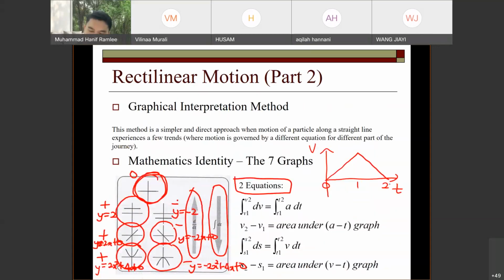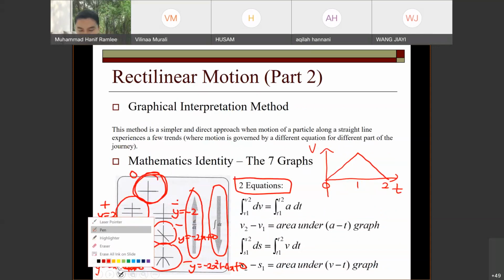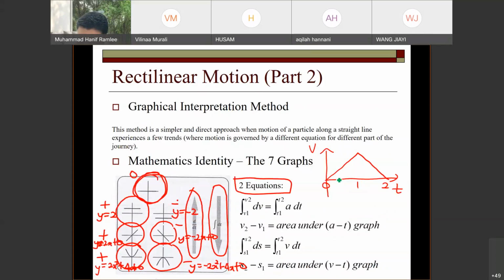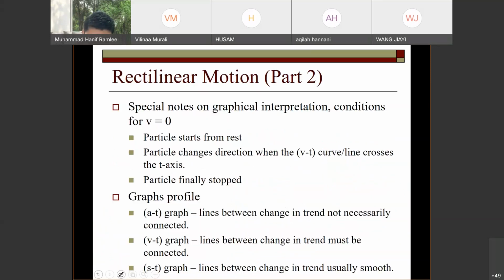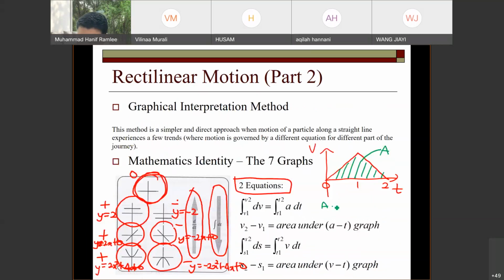From the VT graph, you can get the value of S2 and S1, where the value comes from the area under the graph. So this is the area. You can get this area, which is equal to S2 minus S1.